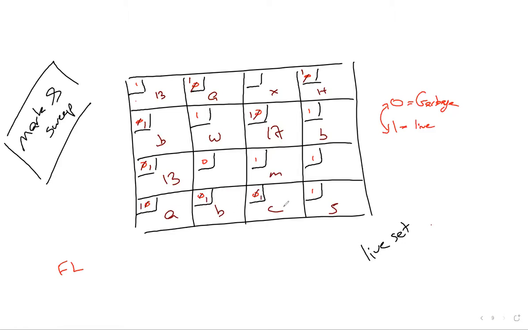Most memory blocks are already marked as a one, including the empty blocks from last time. These guys right here, including the empty guys from last time. And now again, I do step two. I start from my live set and move into the heap and mark all the live guys with a zero, because a zero is a non-garbage guy.